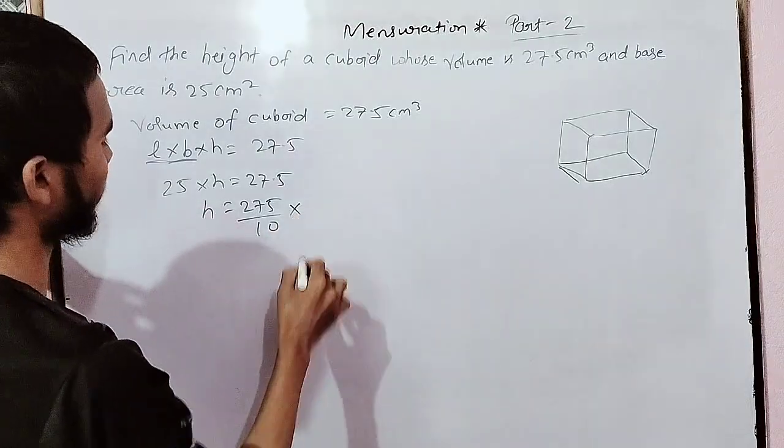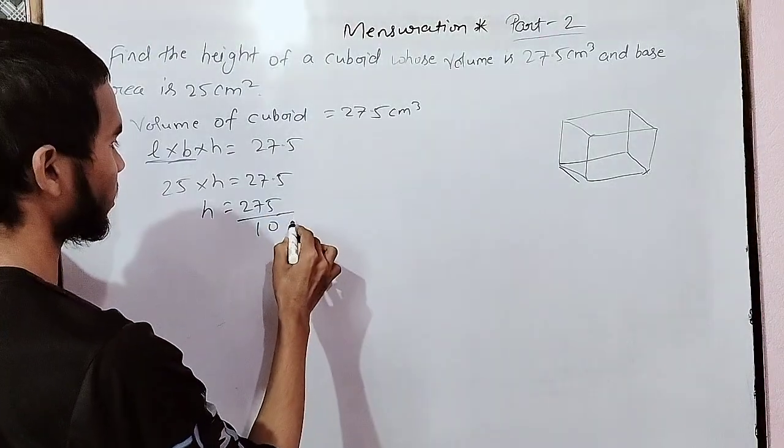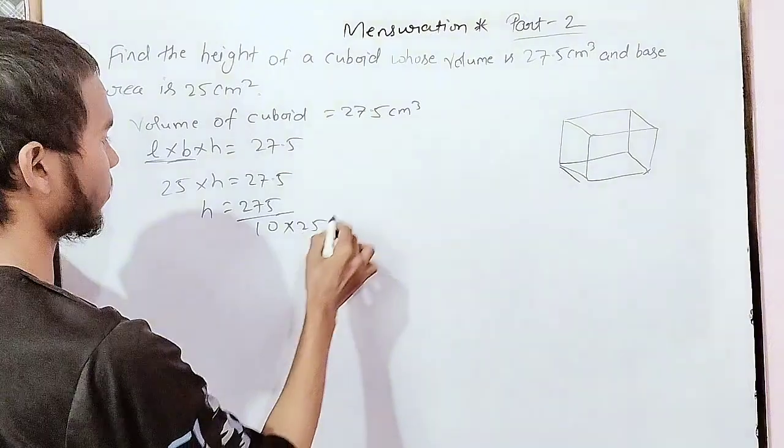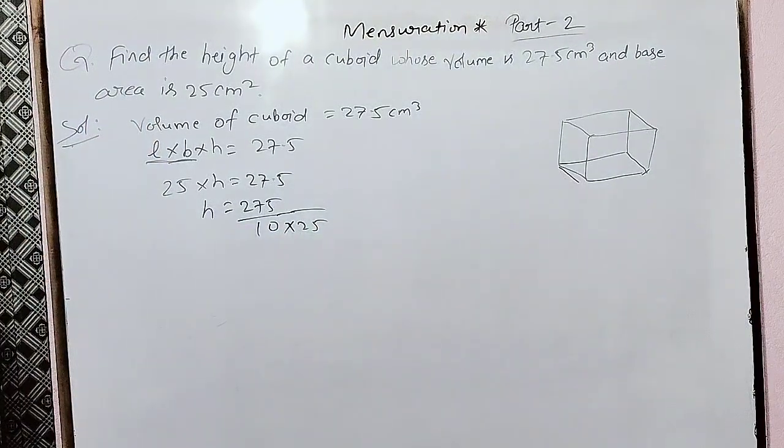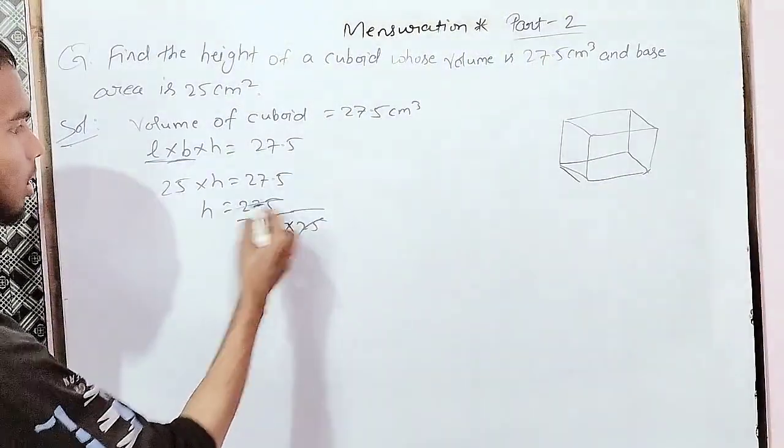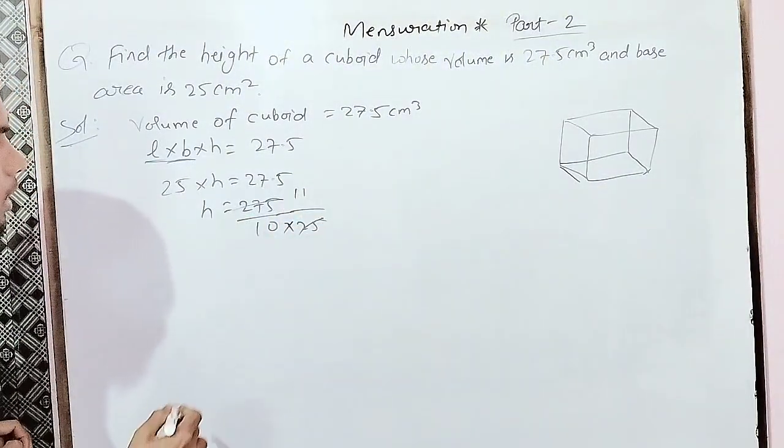H is 27.5 divided by 25. After simplifying it, we get the measure of the height. This will get cancelled out in 11 times.